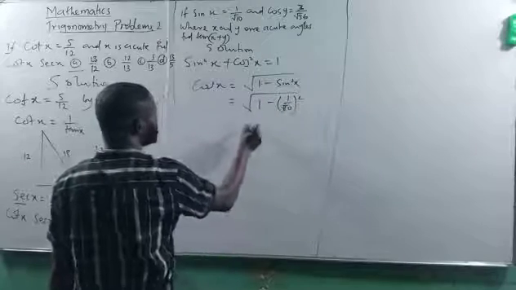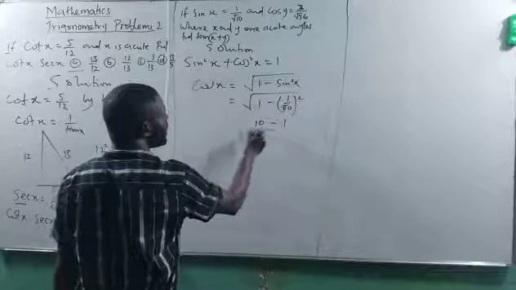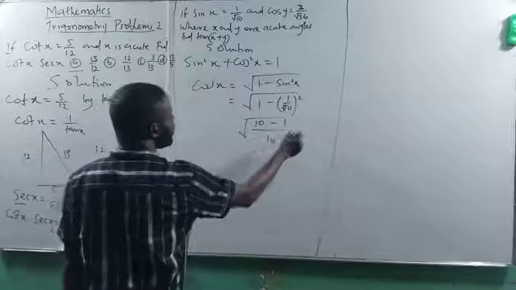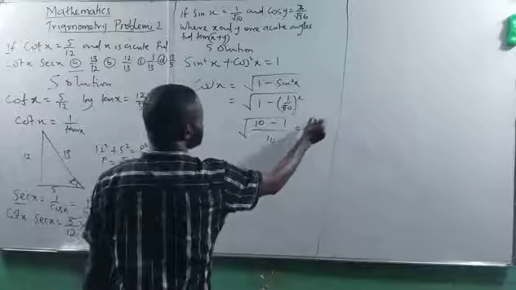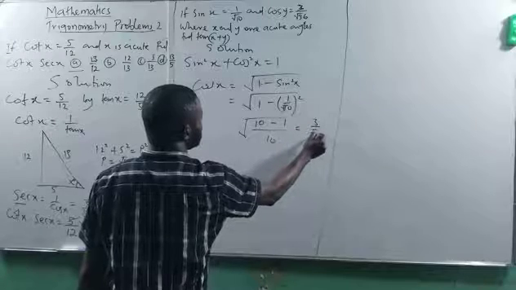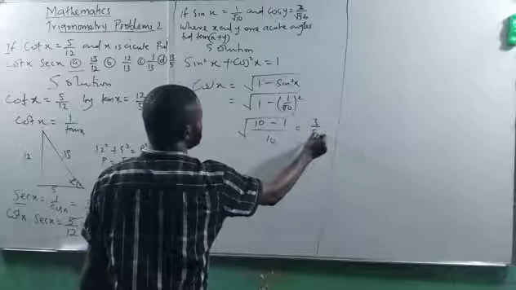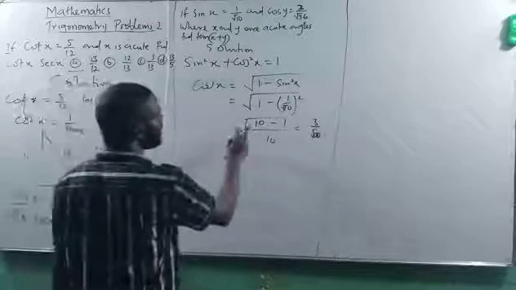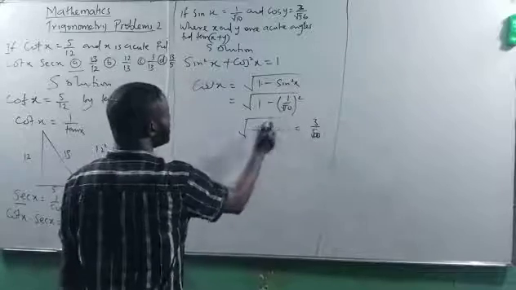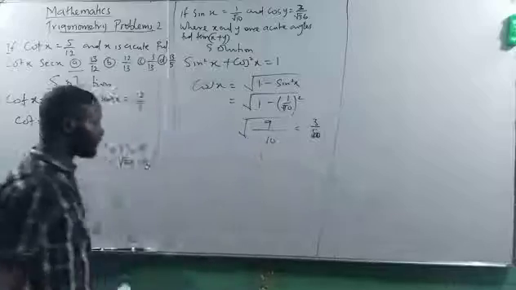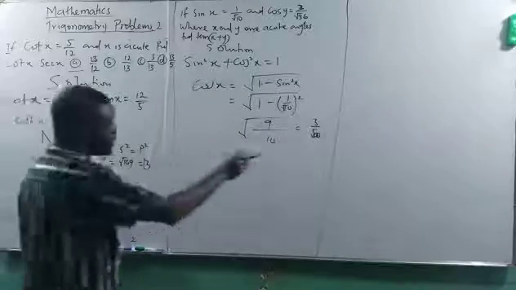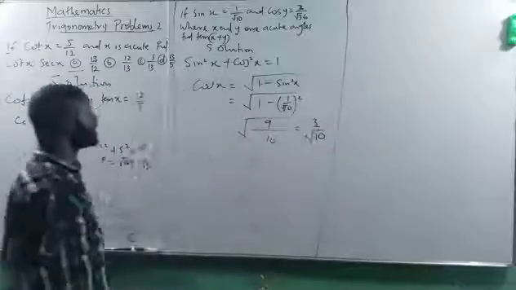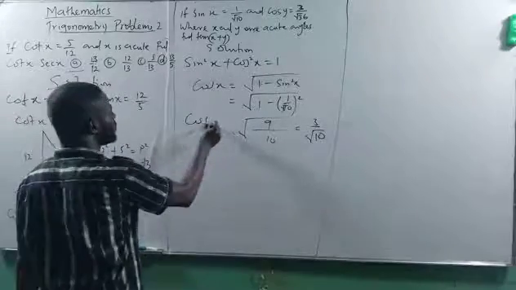Now, indirectly, it will be 10 minus 1 all over 10, which is I'll be having 3 all over root 10, because here will give me 9, and 10 minus 1 will give me 9, definitely. I can write it like this. It means here is my cos.